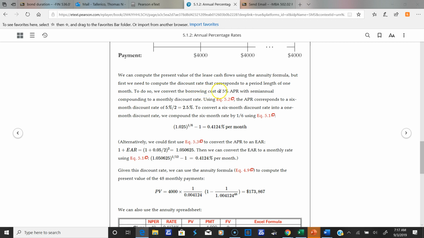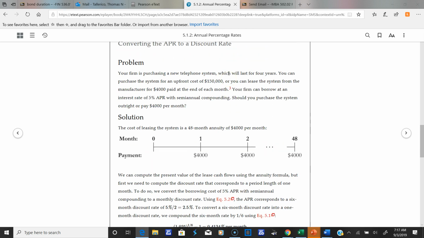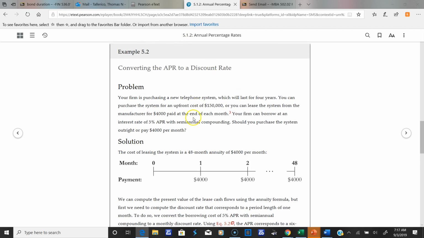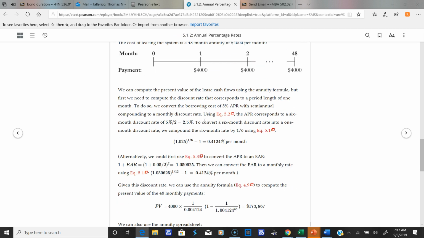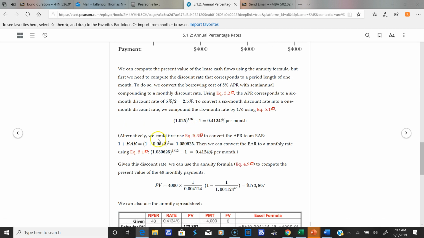So we have to convert the borrowing rate, 5% APR, and again, it's semi-annual. They tell you it's semi-annual compounding, twice a year, that's 2.5%, and then you get an effective rate. So here's the effective rate, and there's another way of getting it, just doing it with equation 5.3 here.